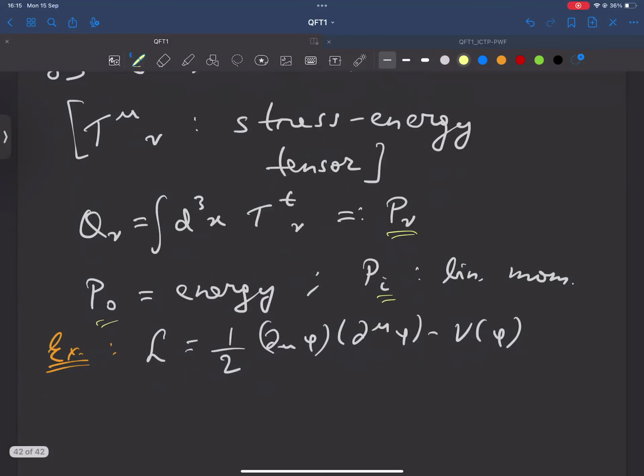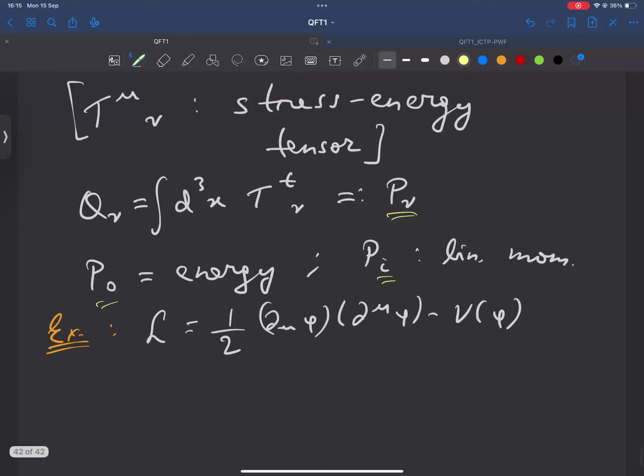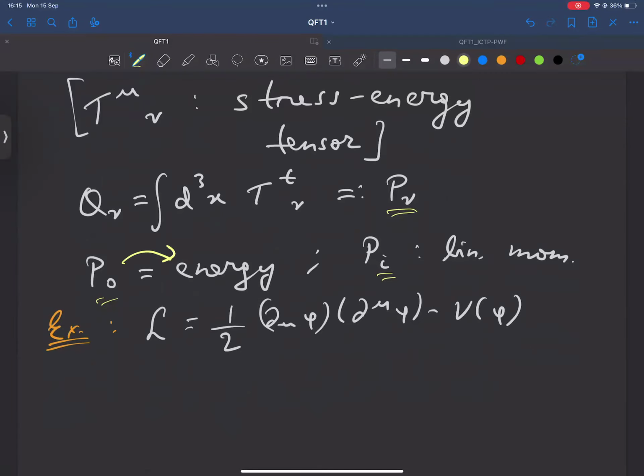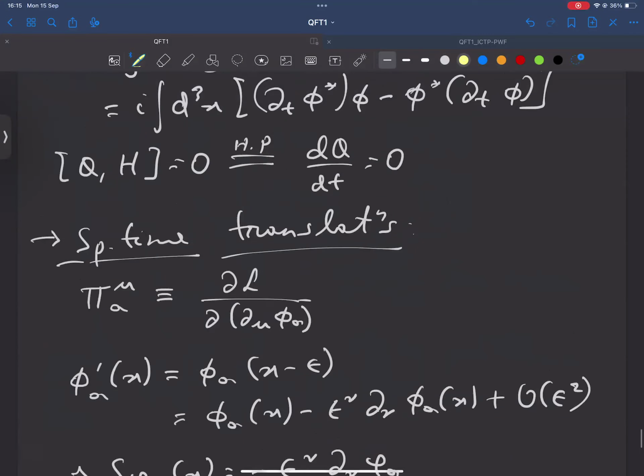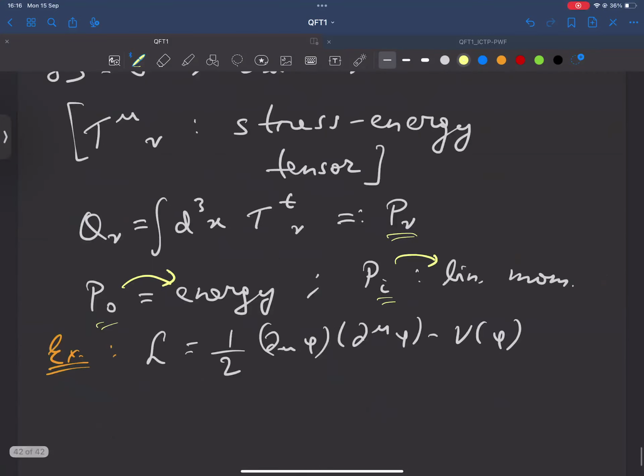Then you will see that you get something that looks like P0 as energy and Pi as momentum. And again, this was expected because we started by demanding that our action be invariant under translations. Note that by translations, we mean all translations. We said space-time translations. So there are space translations and time translations, and space translations correspond to momentum and time translations correspond to energy, as we had argued. So Noether's theorem tells us that.